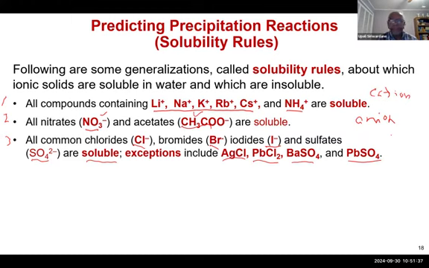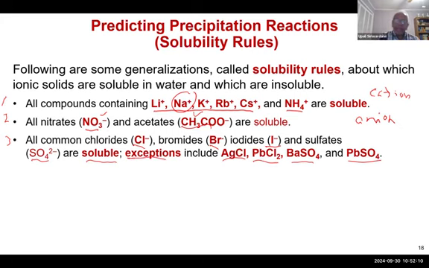So, is sodium chloride soluble? Yes, because it's under the first rule, sodium. Is lead chloride soluble? No. Why? It is the exception.